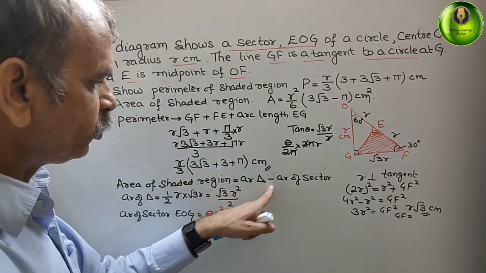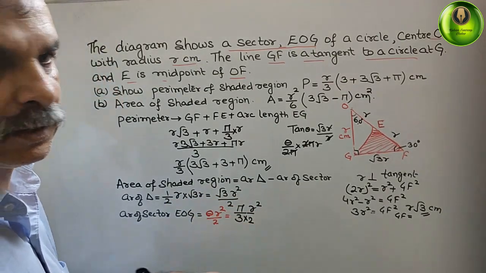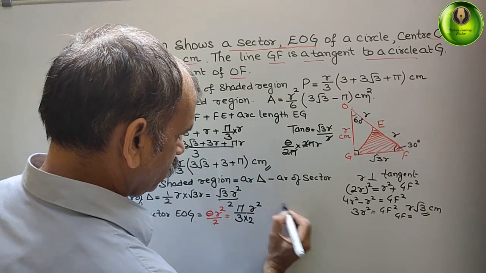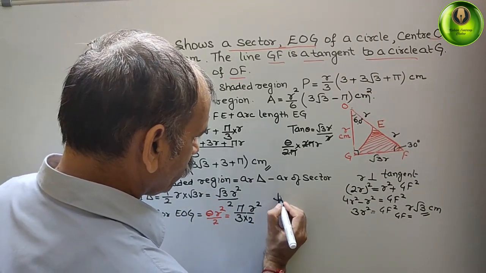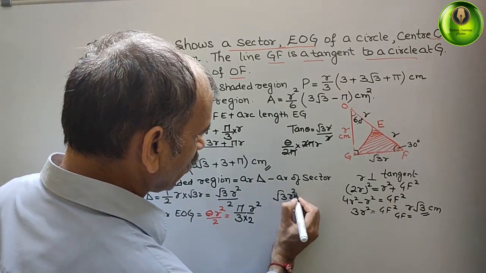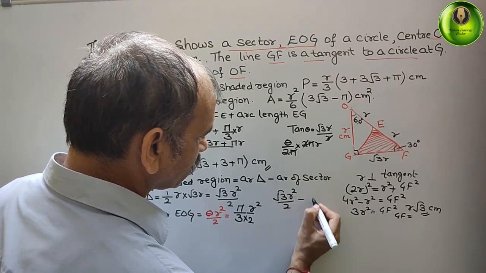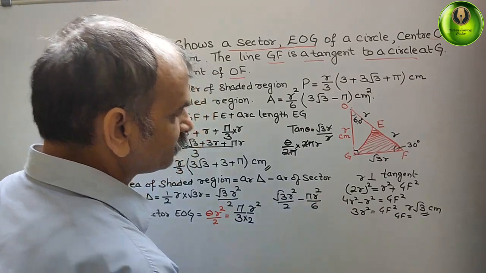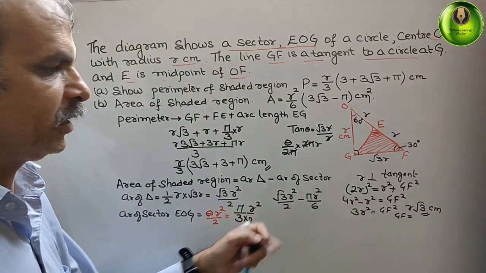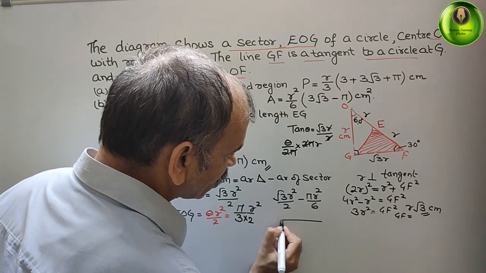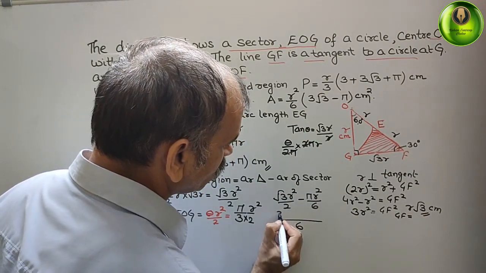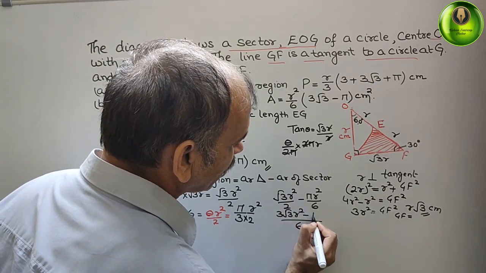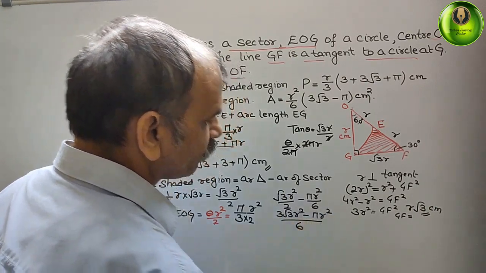Now we have to subtract this. Just subtract this. What we will get? Here we will get root 3 r square by 2 minus pi r square by 6. Take the LCM here. So LCM is 6. So here comes 3 root 3 r square minus pi r square.